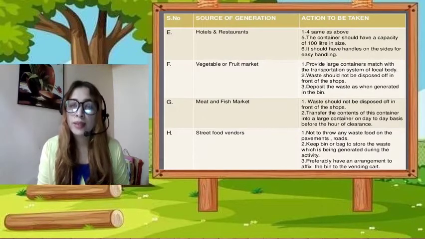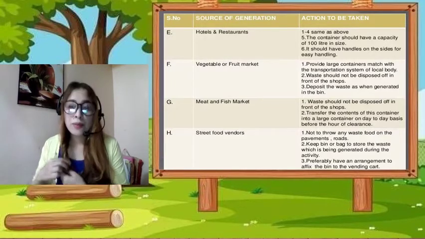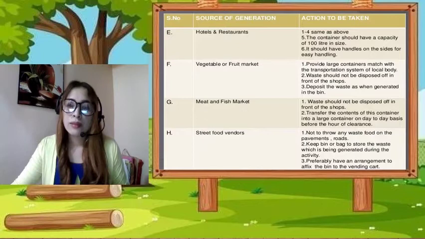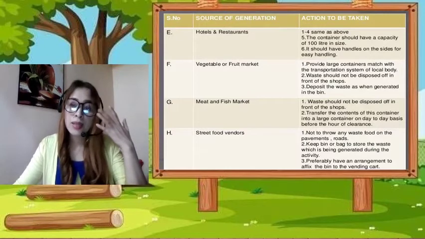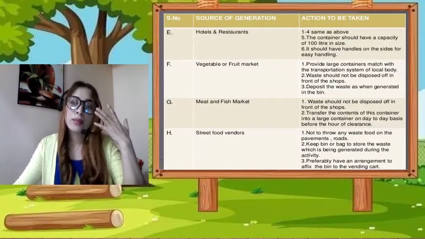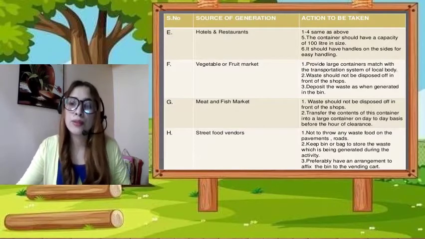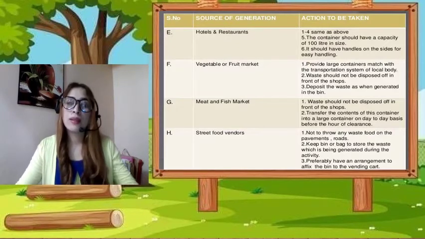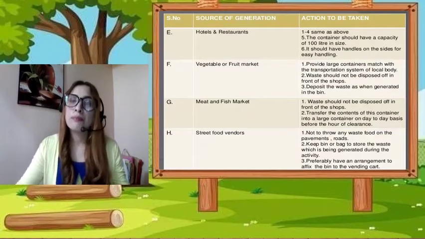So I like to go to some markets that are very clean and neat, and free from bad odor. Street food vendors should also apply this waste management. So do not throw any waste food on the road, and keep the bin or bag to store the waste, like when you are offering food to the customers, so people will really find a place where to throw their garbage or waste after eating.